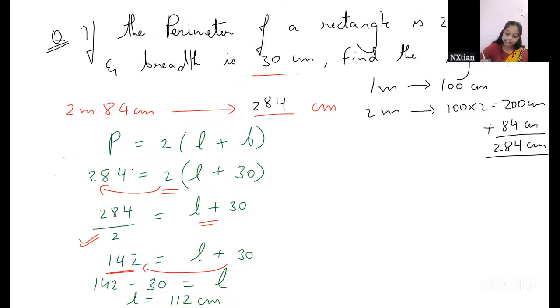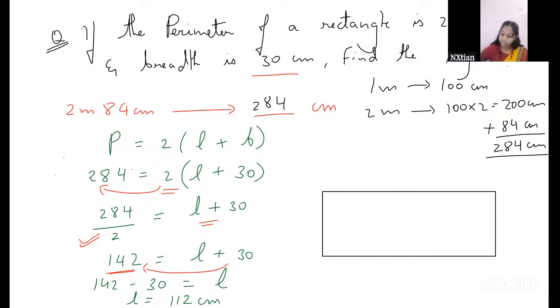I have a rectangle. Length, length, breadth, and breadth. So either we do length plus breadth plus length plus breadth, or we add this length and this breadth and multiply it by 2.